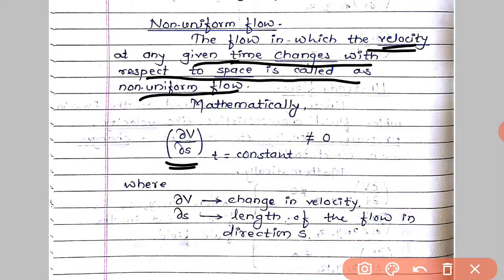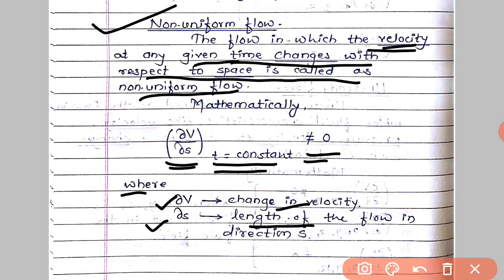So the derivative of a variable is not 0. So ∂v/∂s at t equal to constant will be not equal to 0, where ∂v will be the change in velocity and ∂s will be the change in length, or ∂s is the length of the flow in the direction s.